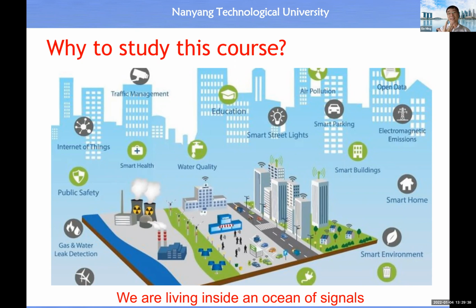So one of the key devices inside the Internet of Things should be sensors. So you understand the motivation behind the study of this course.